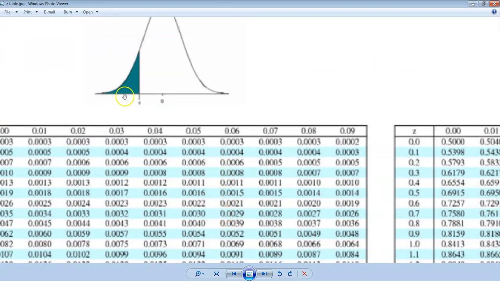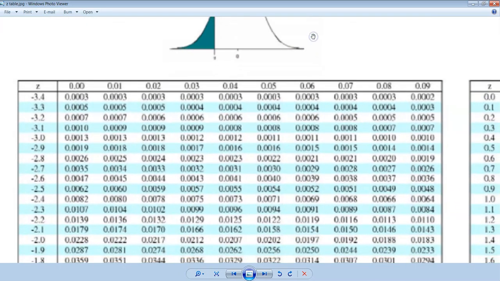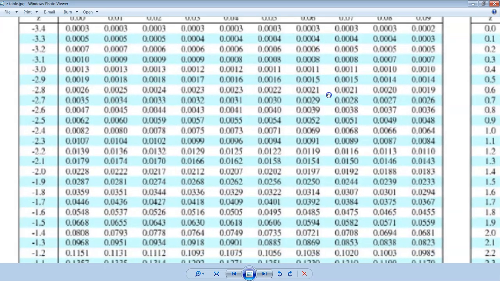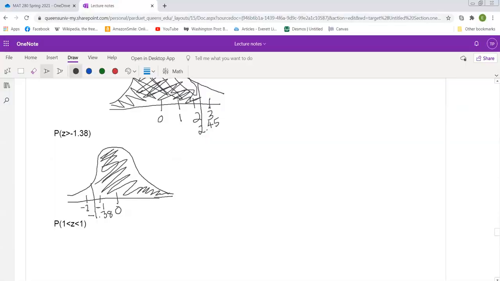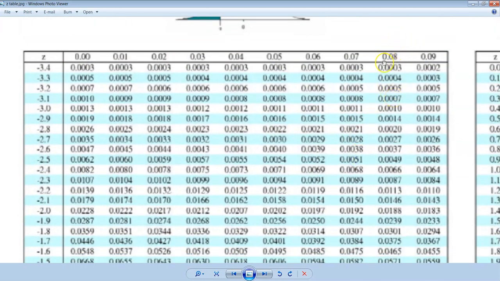So all the values on the table tell you below. So if I want greater than, keep in mind that this whole thing under the curve is 1. So whatever value is to the left, if I do 1 minus that, I'll get the probability above. So if I'm looking for negative 1.38, double check and make sure, yep, negative 1.38. 8 is this next to last column here.